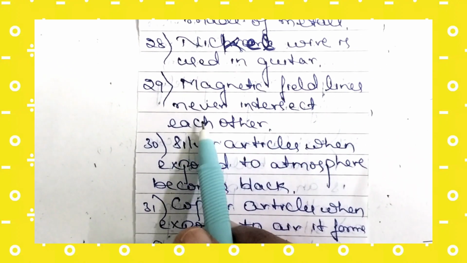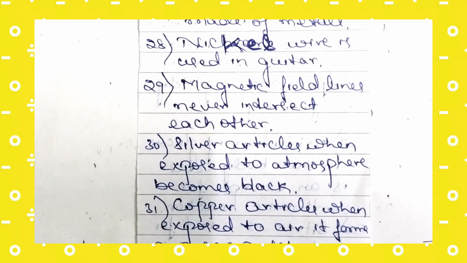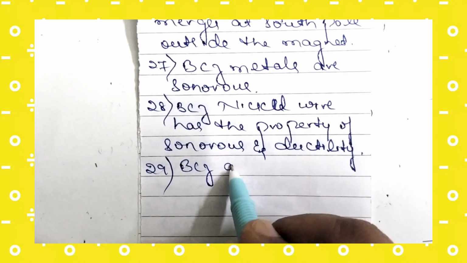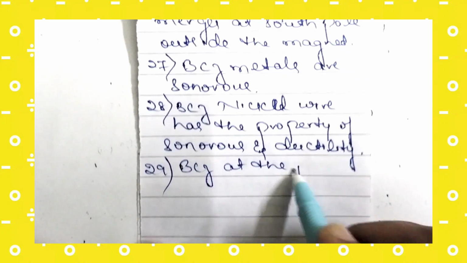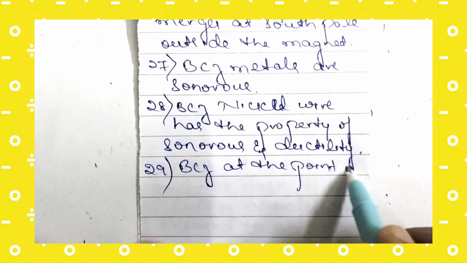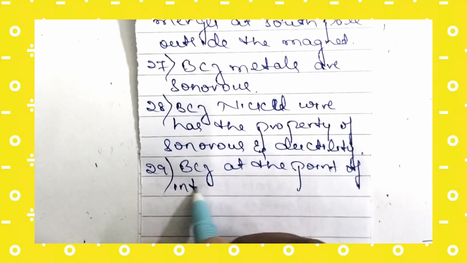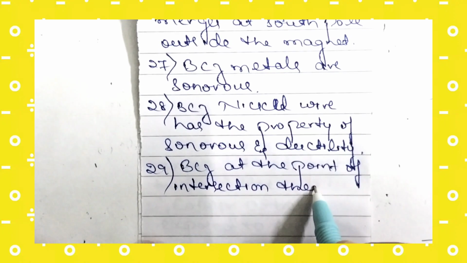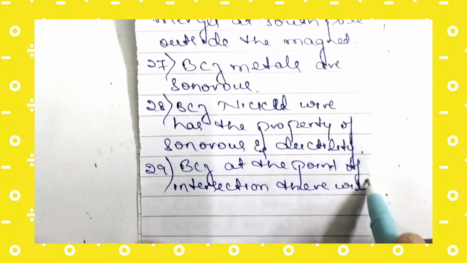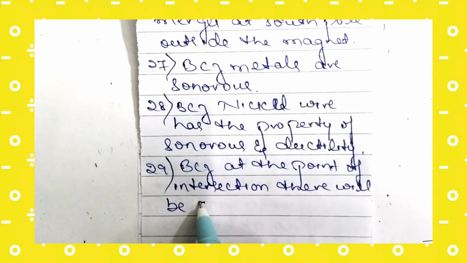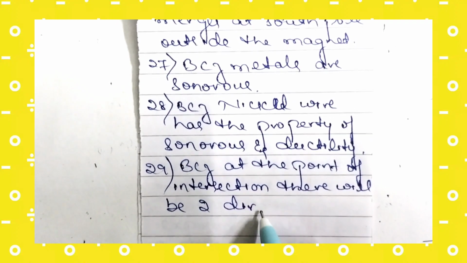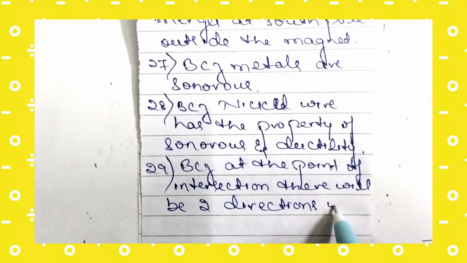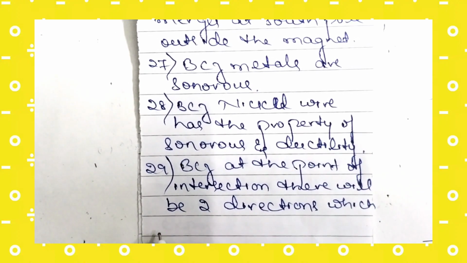Magnetic field lines never intersect each other because at the point of intersection there will be two directions, which is not possible.